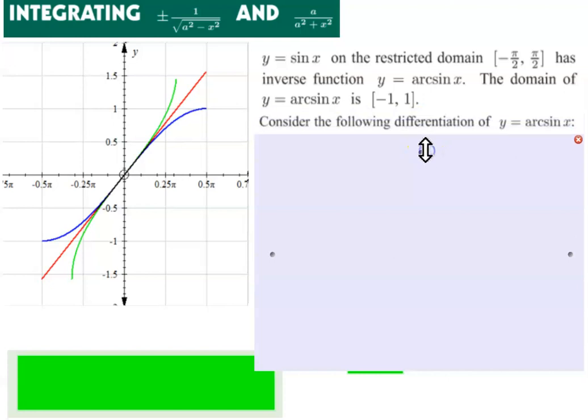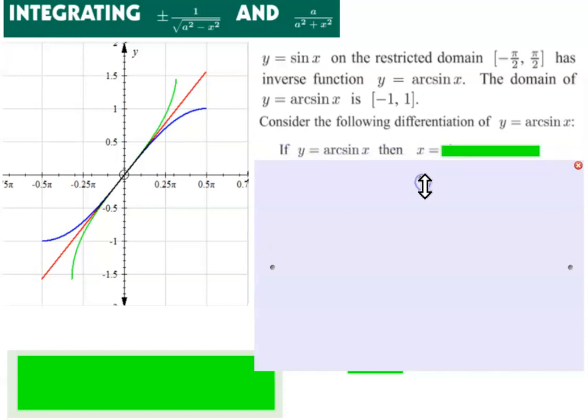Now, if we consider y equals arc sine of x, and rewrite that with x being the subject, then x would have to equal the sine of y. Remember, if you wanted to get the sine away from this expression, you'd take the inverse sine of the other side. So sine minus 1 of x becomes arc sine of x. We've seen that back in year 9.